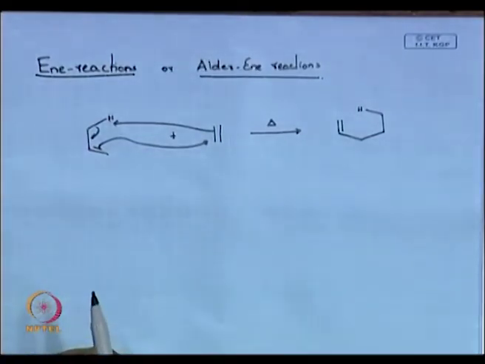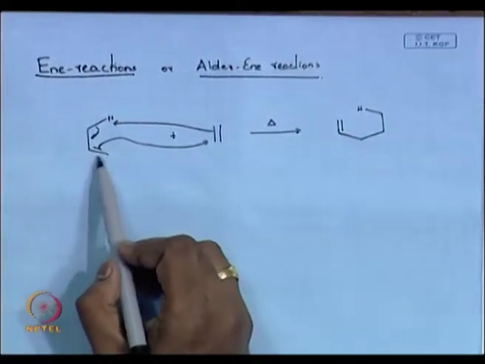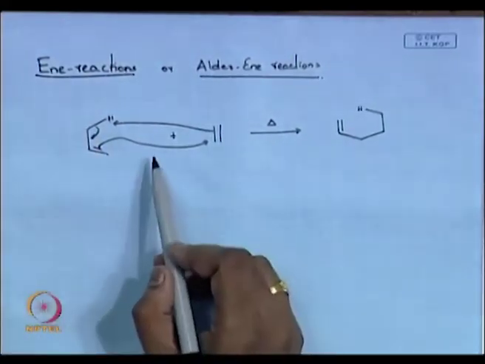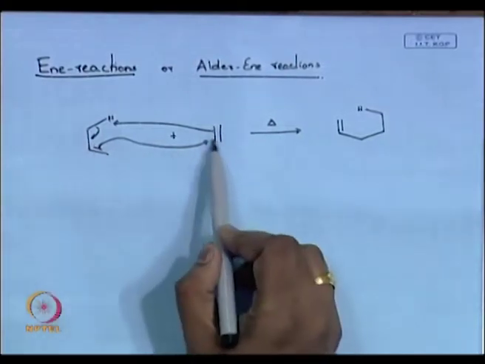This Ene reaction can be compared with some similar reactions which we can see. For example, if I had taken this type of Ene and you have 2 Enes here, one is your allylic system, another is an Ene.